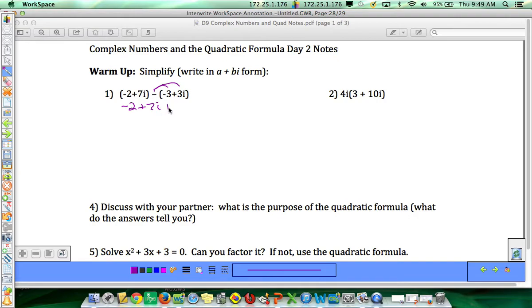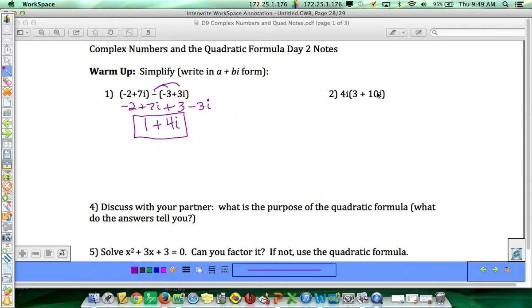So it becomes plus 3 and minus 3i. Okay, and then combine your like terms. So negative 2 and positive 3 would make positive 1. 7i and negative 3i would make positive 4i. And that would be the simplified answer.